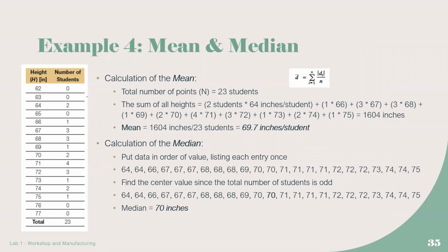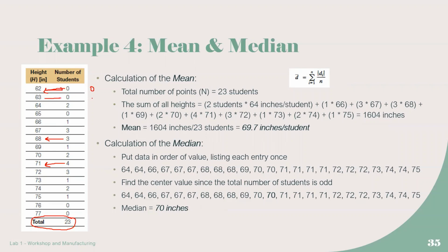Here I have another example. Remember what this one was telling me? It was telling me that I had a total of 23 measurements, and for example, 4 of them were 71, and 3 of them were 68, and none of them was 62, and etc. So for calculating the mean, what you're going to do is multiply these two and write it here.